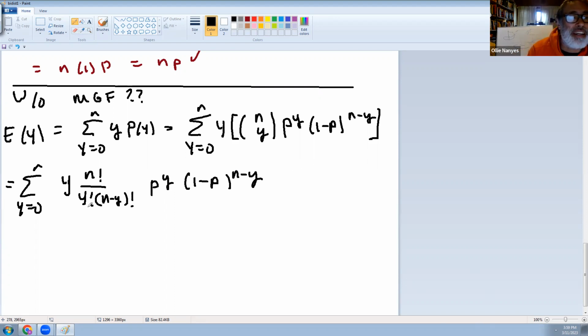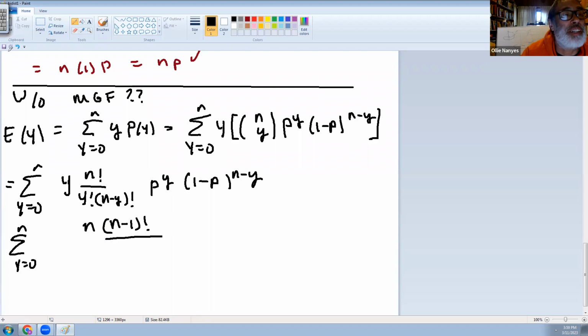Notice this y here has this factor. So what I'm going to do is rewrite this very carefully. I want to write this part right here as an n minus 1 factorial times an n. In fact, I'm going to write that n in a different color so you can see that.